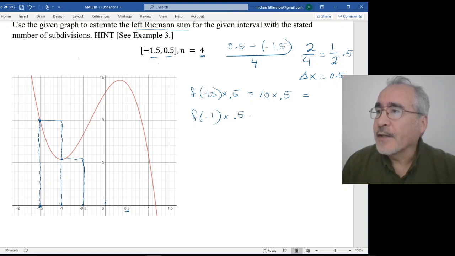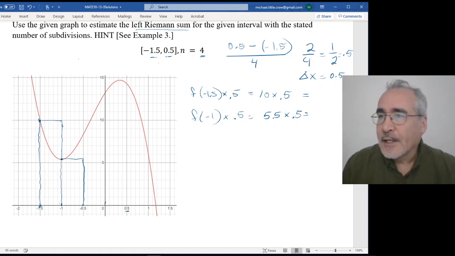So f of negative 1 is 5.5. Again, times half. You're going to see all of these will be times a half because that's what our rectangle is down here. The delta x is equal to 0.5. Each of these is 0.5. And we're just doing base times height. That's all that's going on.